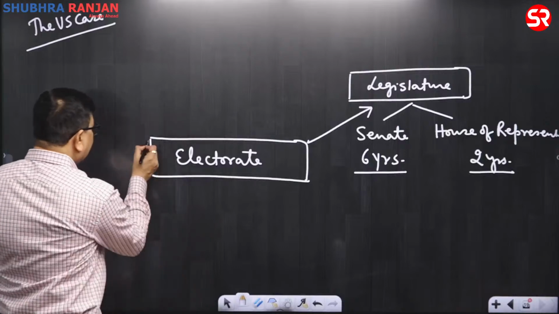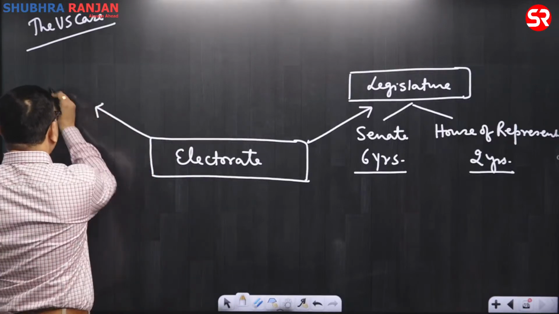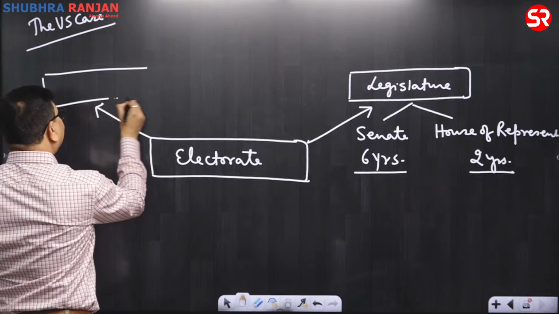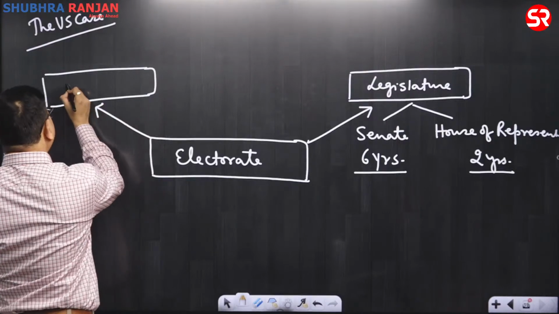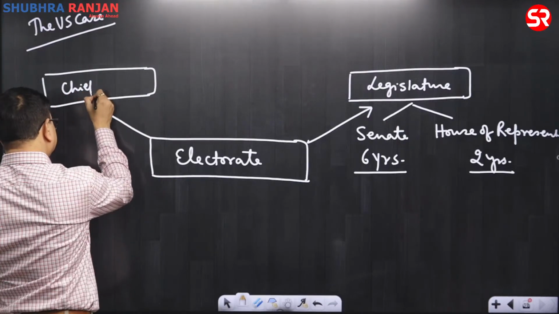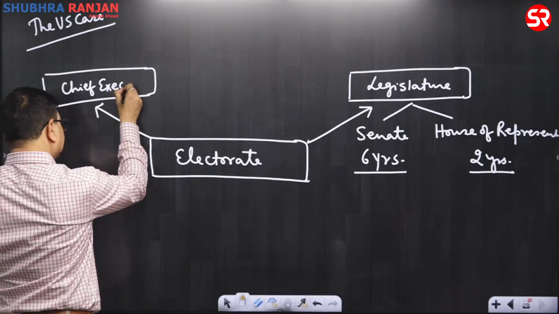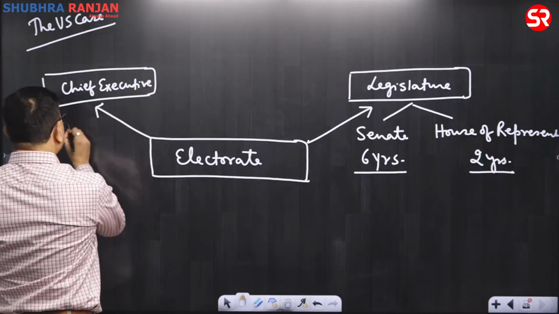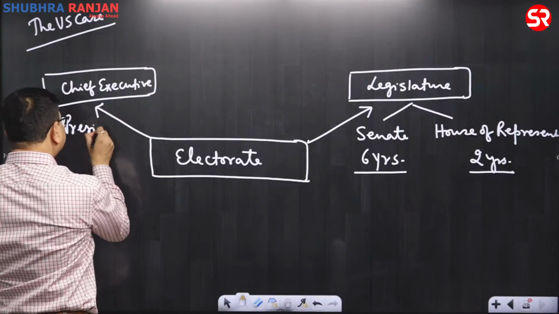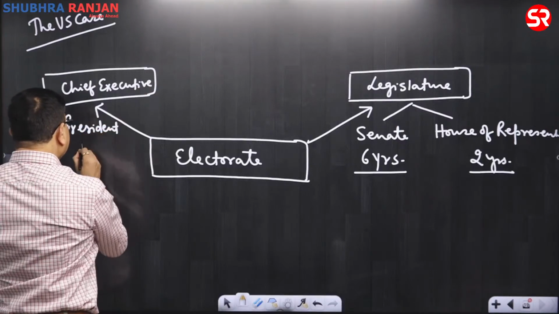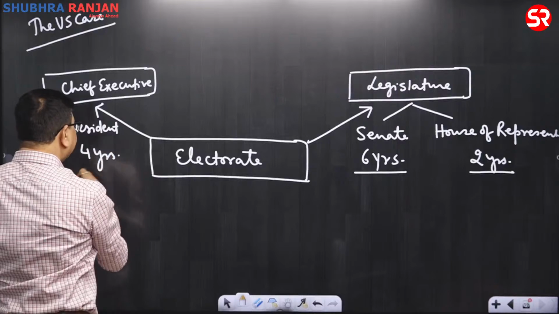Then in separate election, the chief executive is elected. That is, the US president is elected every 4 years.